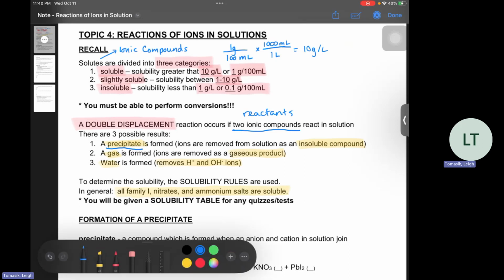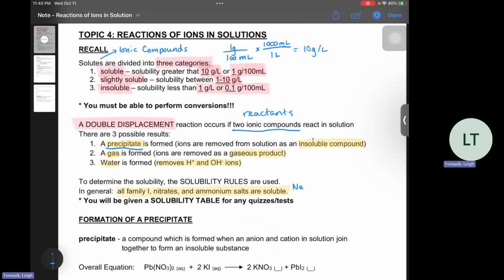Family 1 would be sodium, lithium, potassium, rubidium, cesium, francium. All of those are group 1.